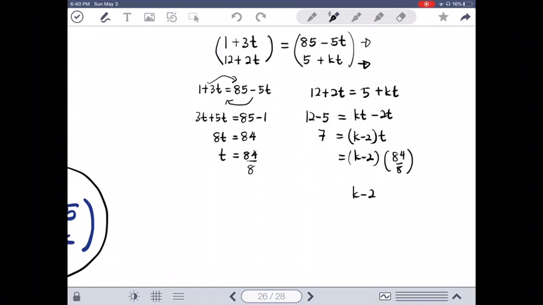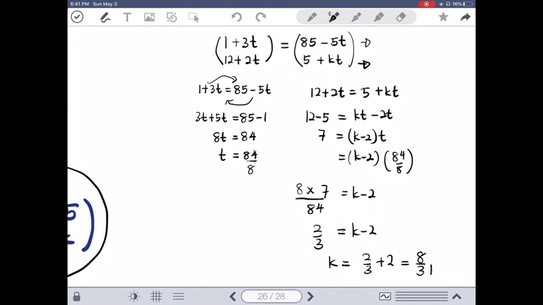So k minus 2 is equal to 7 times 8 divided by 84. Two over 3 equals k minus 2. Therefore, k is equal to 2 over 3 plus 2. So the answer is 8 over 3. That is the value of k.